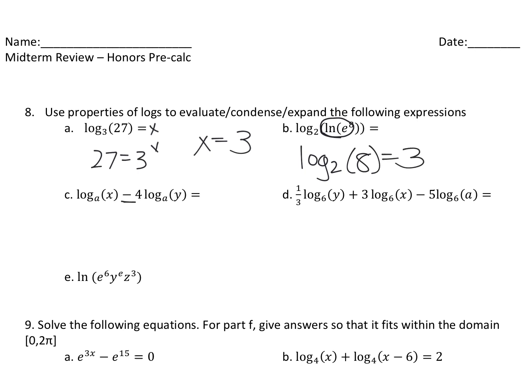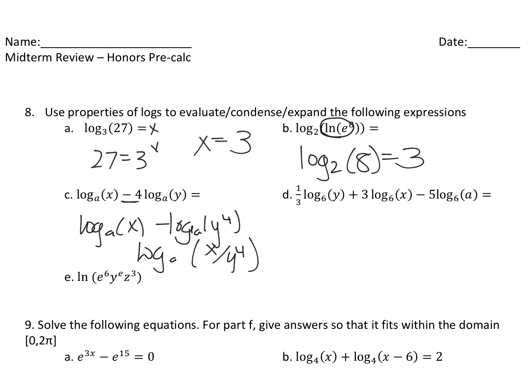Property of condensing logs. It's always easier to convert using the power property first. Now rewrite it as a fraction, x over y to the 4th. And let's keep going here, y to the 1/3 plus log base 6 of x cubed minus log base 6 of a to the 5th.